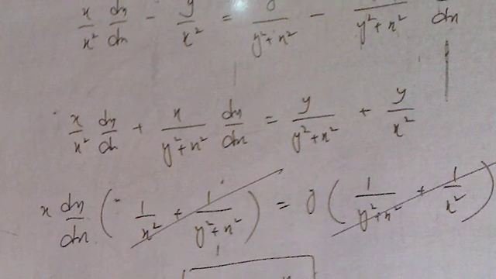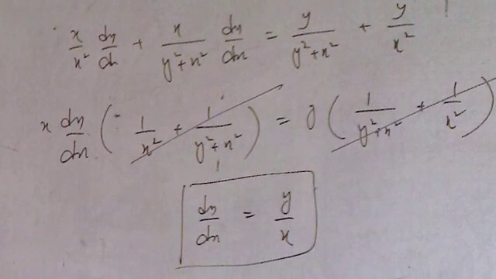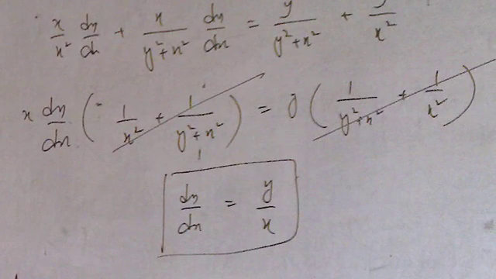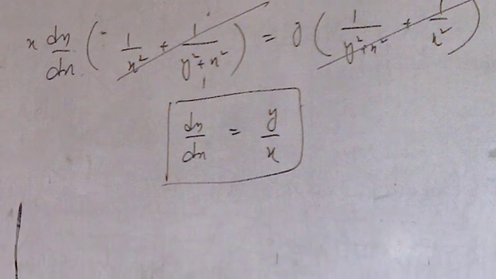From the left hand side we take x dy by dx common, and from the right hand side we take y common. So dy by dx is y over x. This is your required answer.